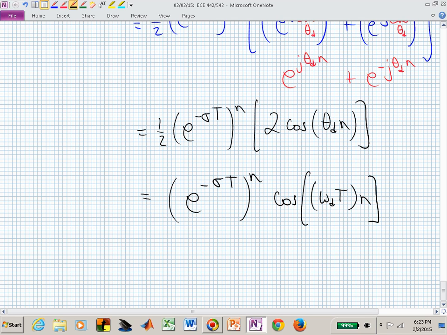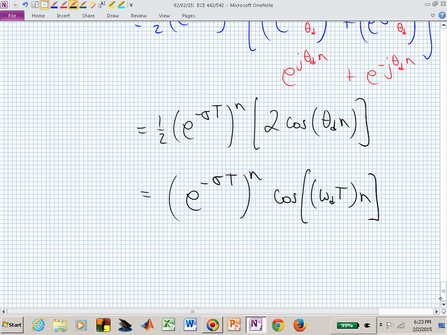Remember, theta sub d we just defined as omega sub d capital T. We could view that as just some number r, couldn't we?